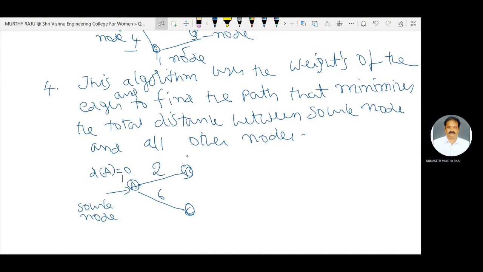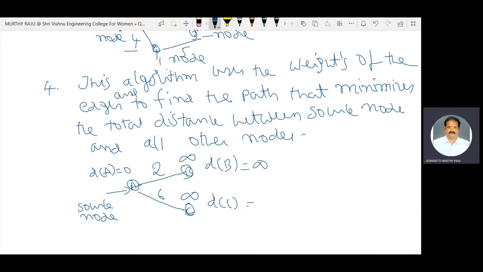The remaining B and C are the two neighbor nodes of A. Initially, we don't know the distance, so we assign infinity to these nodes. That is d(B) is equal to infinity and d(C) is equal to infinity.